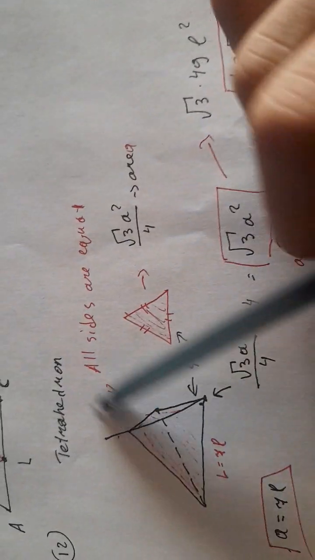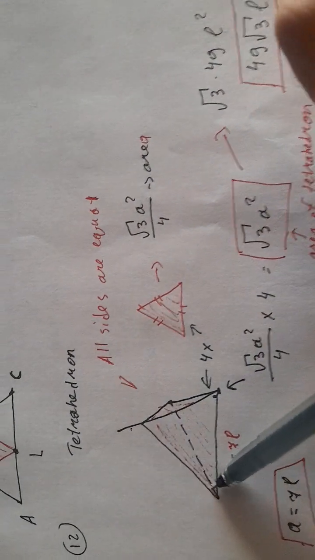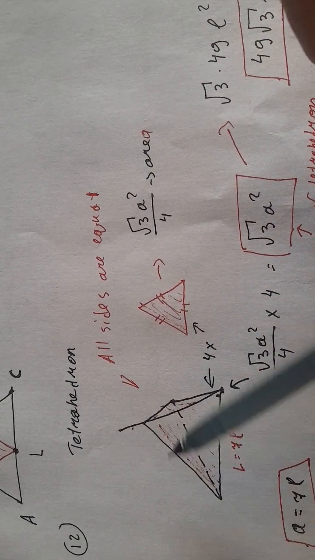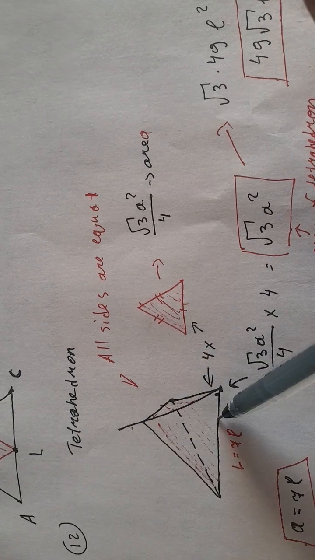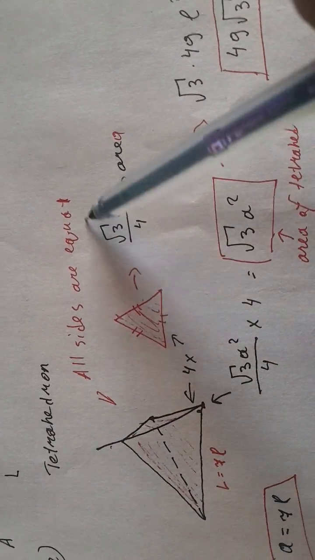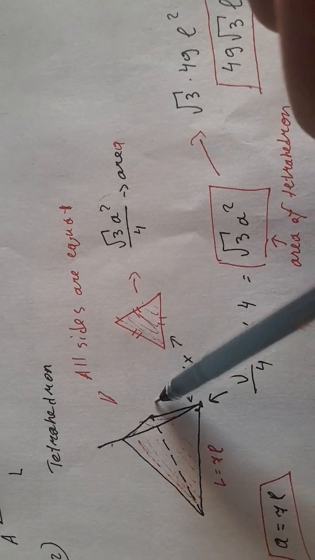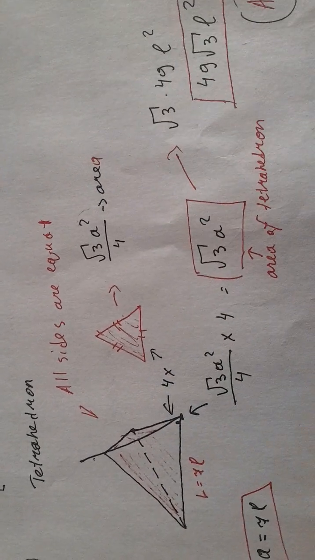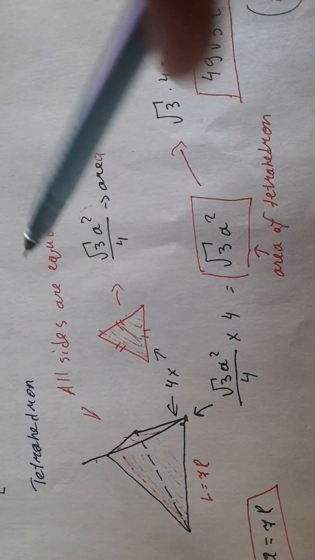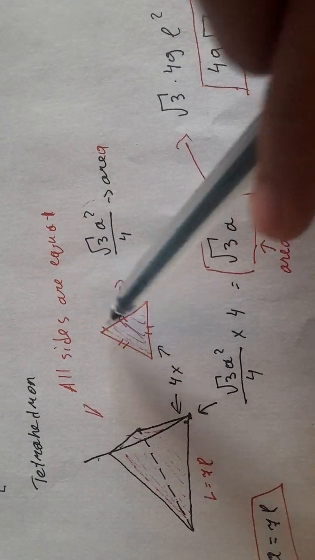The 12th question says that we have a tetrahedron with an equilateral triangle and a pyramid with 1, 2, 3, 4 sides. The area of this is this. We have to find the total surface of this. The total surface is found by multiplying this side by 4.